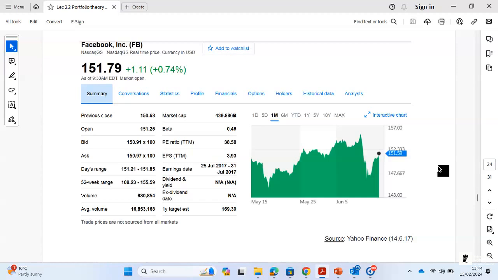We learned that the risk that matters is only the unique component of the risk. Is that true? No. Which risk matters? The market-wide risk, the systematic risk. So the risk that matters is the systematic risk, and we need to be able to measure it.